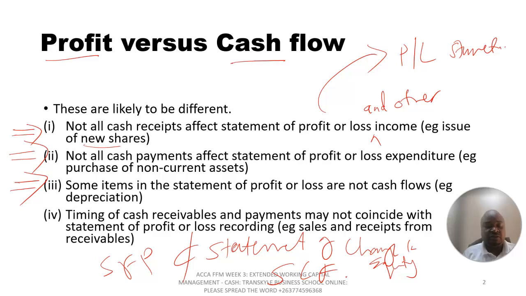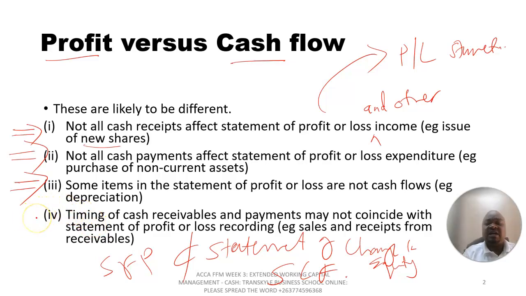They are as a result of accounting assumptions, and they do not impact cash flows. But they've got a bearing in terms of affecting the profit or loss of the company, all right, but they do not impact cash. All right, so that's the difference. They affect the profit but not the cash flows.